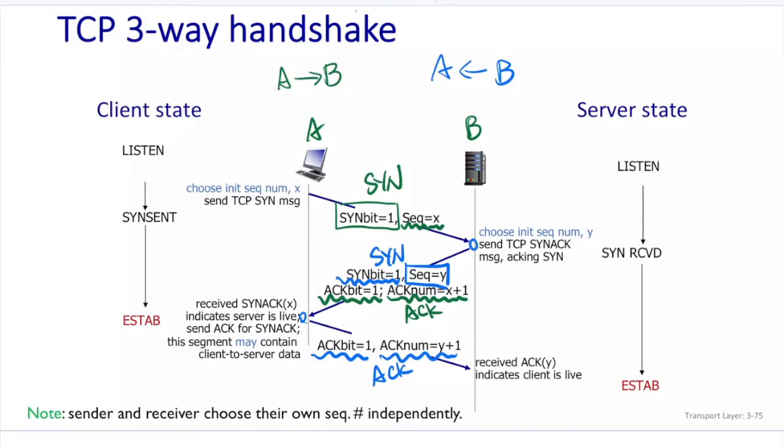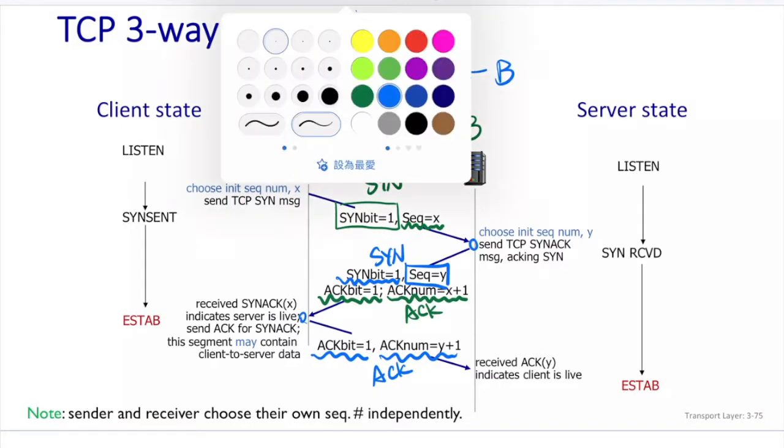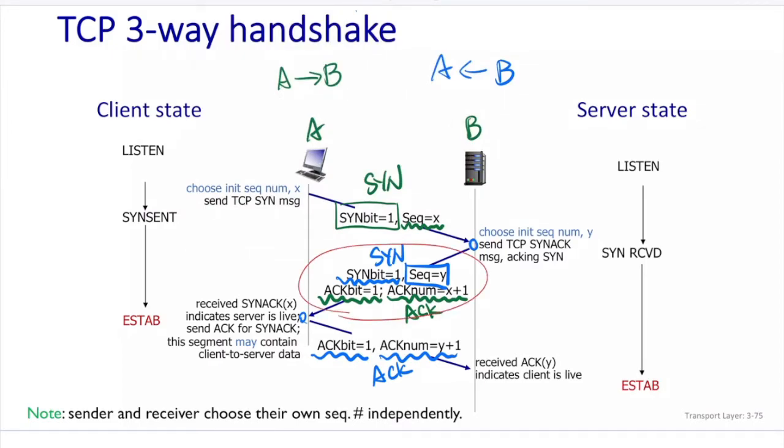In this case, the reason why we use three-way handshaking is that the blue SYN packet sent from B and the green ACK sent by B are both from B to A, right? So usually those 2 segments will be sent in one single segment.